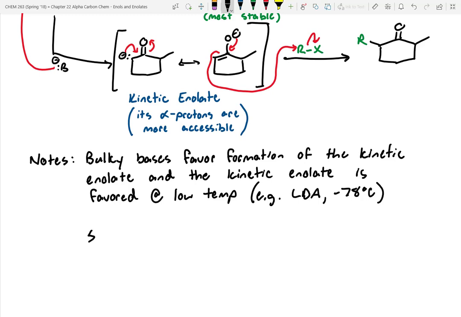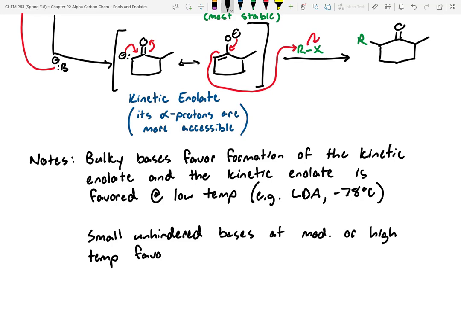And then the second one is small bases. So small unhindered bases at moderate or high temp favor the thermodynamic enolate.